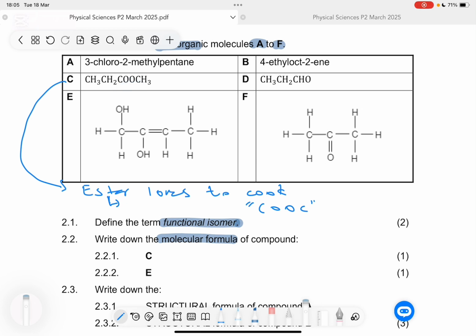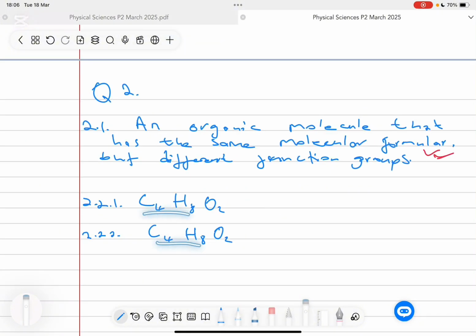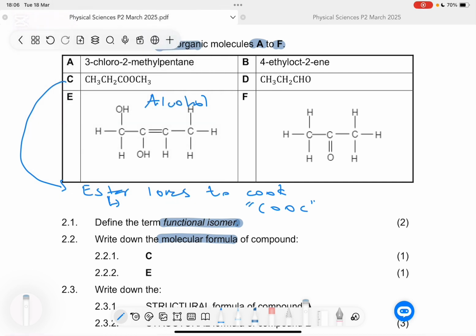And obviously here we can see that we have an OH group. It's a hydroxyl group, which basically is an alcohol. So this functional group here is an alcohol. What I am saying is that I have the same molecular formula for these 2 compounds, but the functional groups are different.